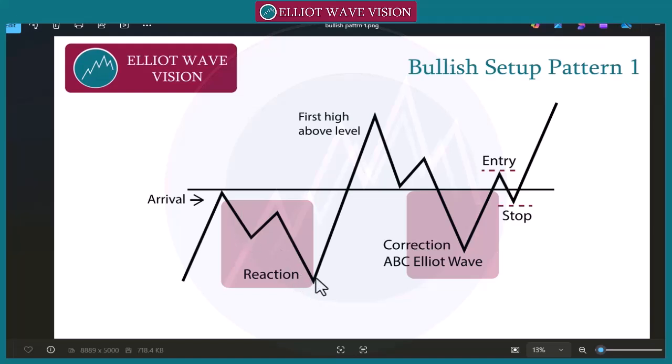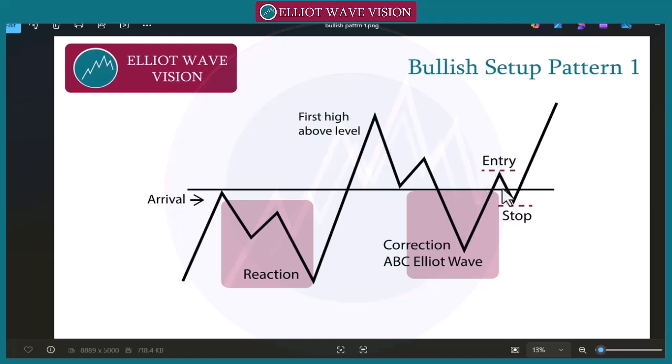After this reaction, we need to wait for the first high and its correction. Then we can go simply with this wave B, or we need to wait for the impulsive move in the 15-minute time frame to minimize our risk. We can go with this new impulsive move high, or we can go with the correction within this impulsive move.